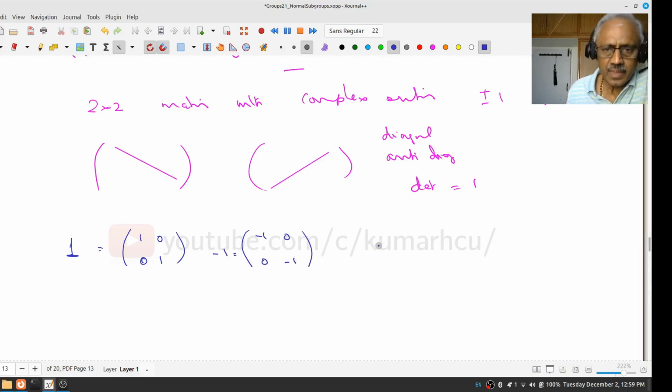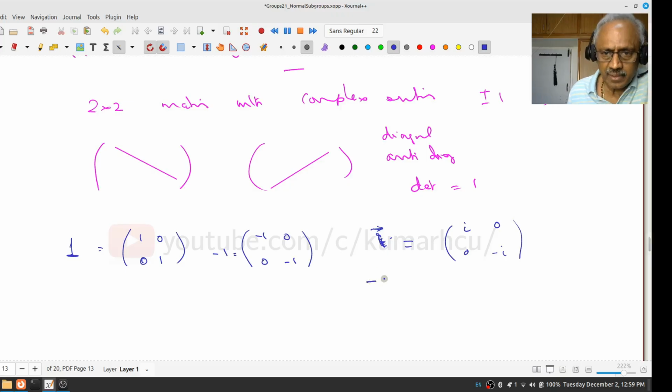Now I want it with i. Let me call this I, usually denoted by bold I. This I want i, therefore I can put i. And once I put this i, this has to be 0. This has to be i or minus i. But then remember the determinant has to be 1. i into i will be i squared, which will be minus 1, therefore it must be minus i.